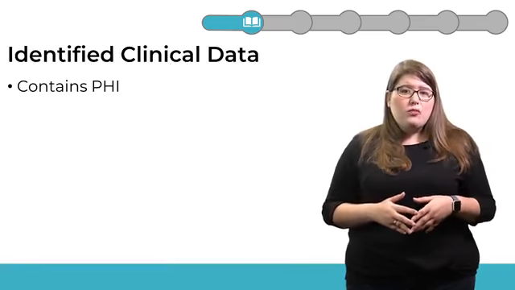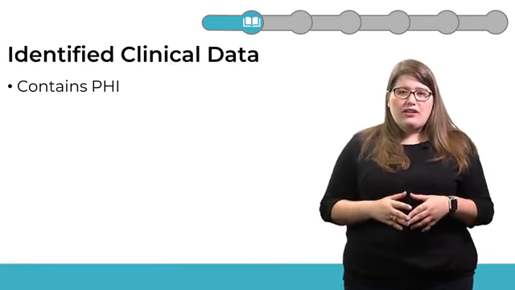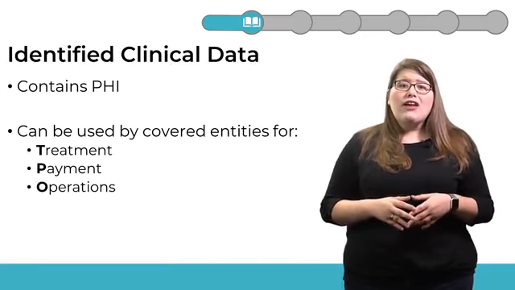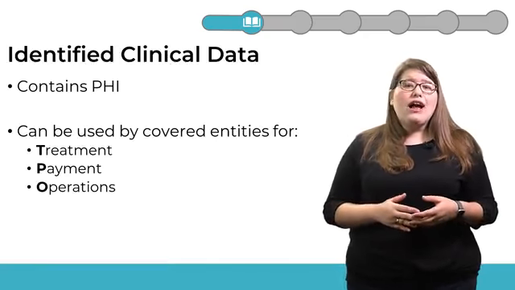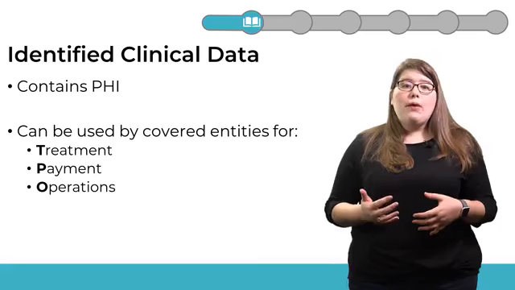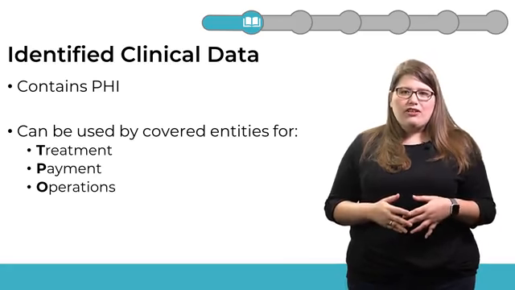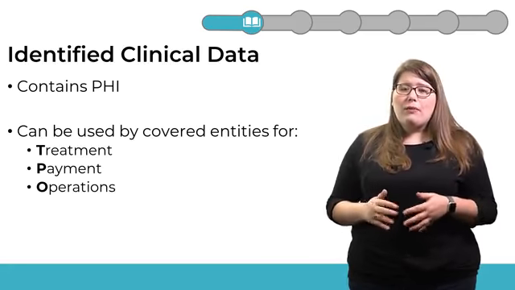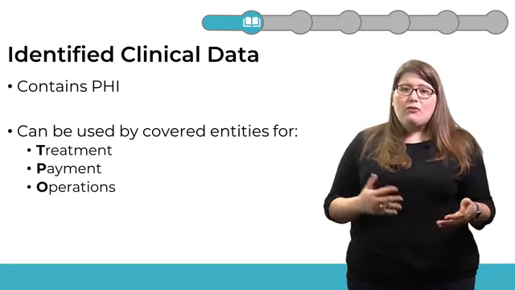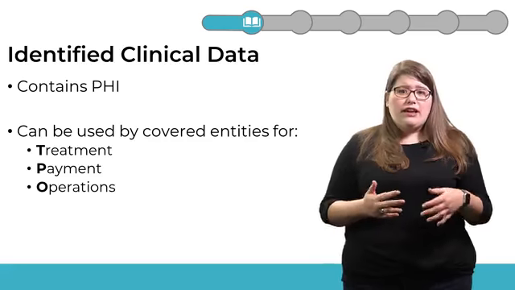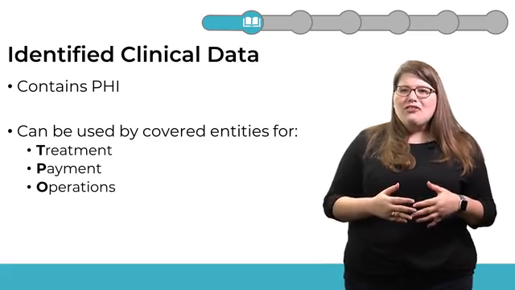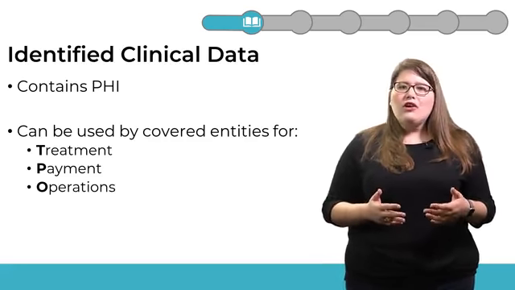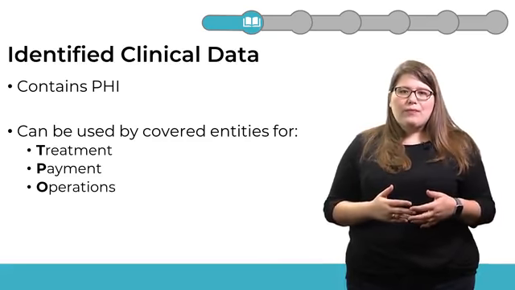Clinical data that contains PHI is called identified data. Healthcare providers can use fully identified data for anything related to treatment, payment, and healthcare operations. Treatment is anything done to manage the care of a patient. Payment refers to receiving reimbursement for that care, and operations covers things like quality assessment and performance improvement.